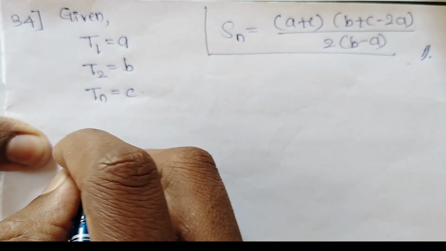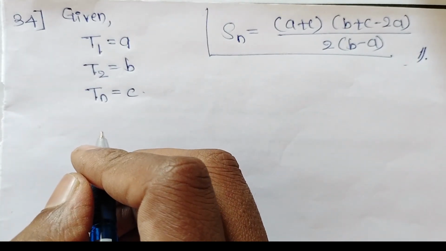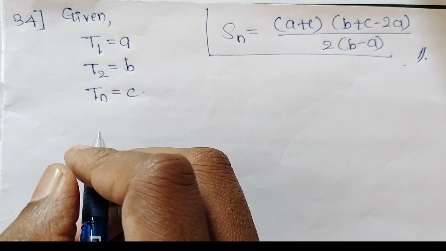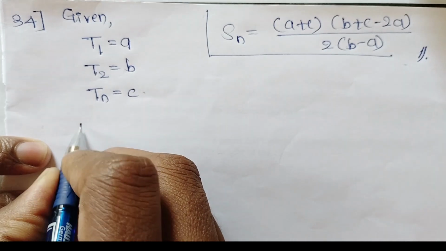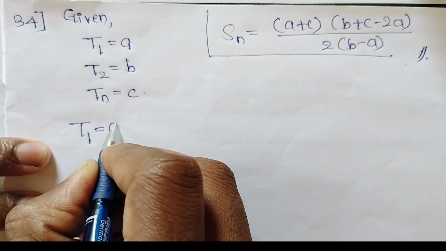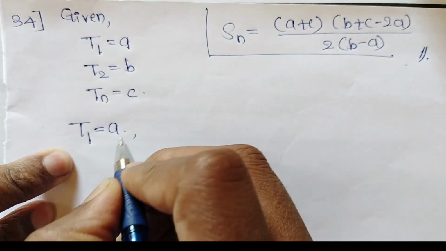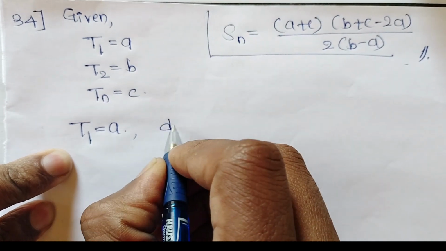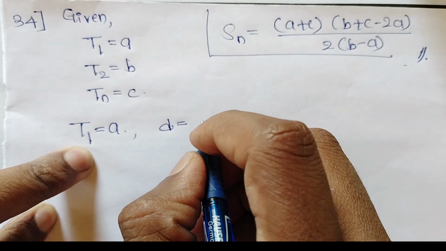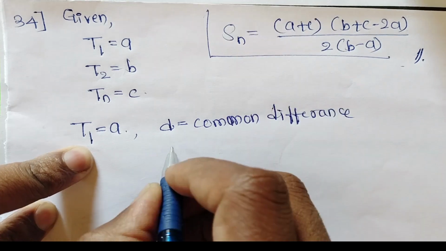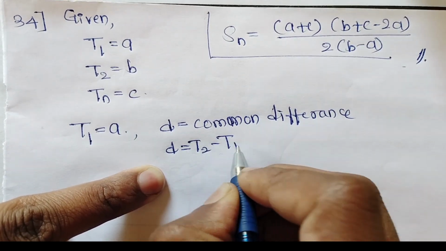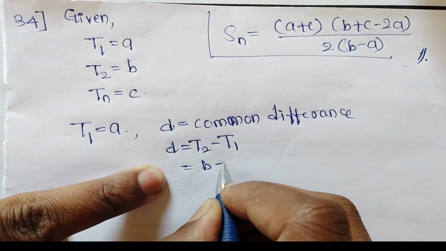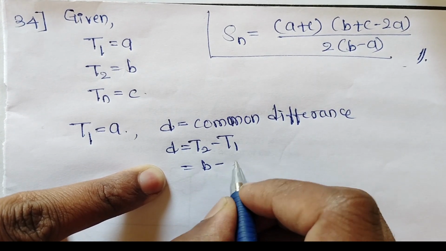To find the sum of n terms in an AP, we have to know the first term. Here the first term T1 is a, and the common difference d is T2 minus T1. Here T2 is b and T1 is a.